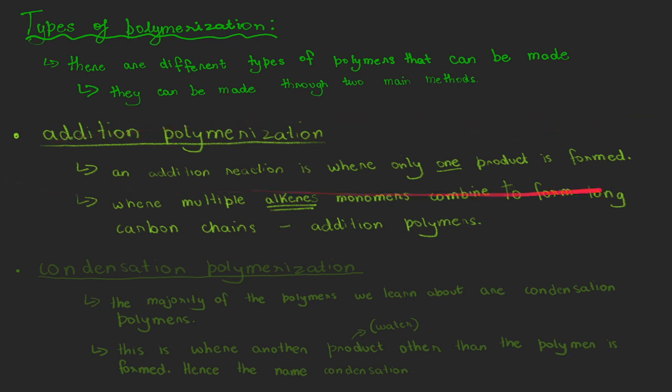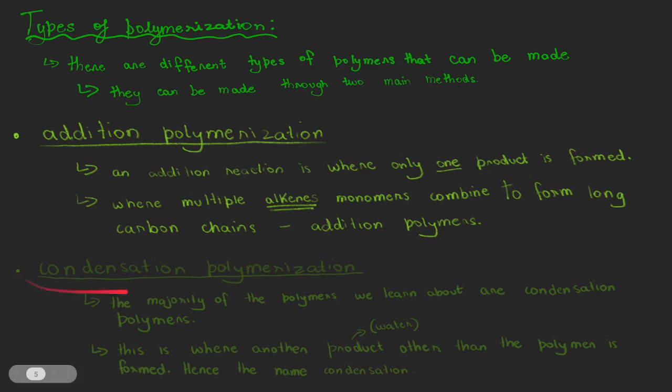This long single product is our polymer. So you literally just take the monomers, our building blocks of this polymer, and you join them up together to form a long chain, which is our final product, of which we have only one. For addition polymerization, we use alkene monomers, and these combine to form long carbon chains, which of course are addition polymers.